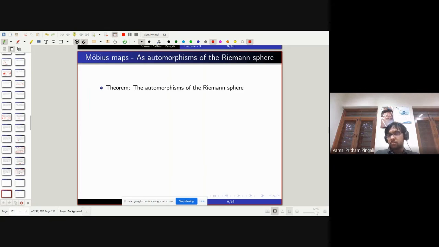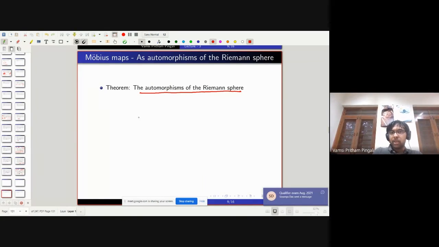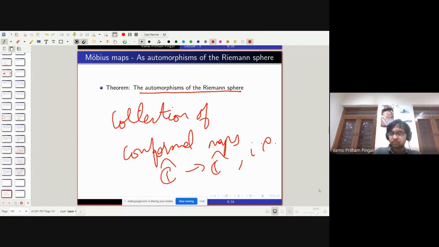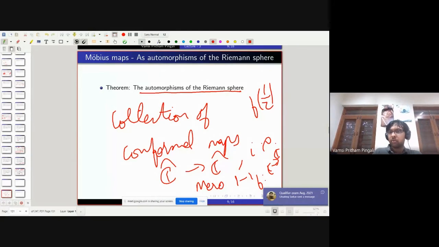The automorphisms of the Riemann sphere, meaning the collection of conformal maps from the Riemann sphere to itself, which are meromorphic one-to-one functions f from C to C, so that f of 1 by z is also meromorphic and one-to-one.